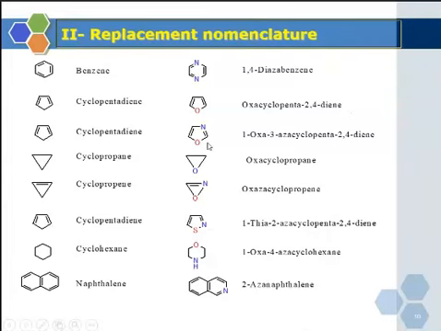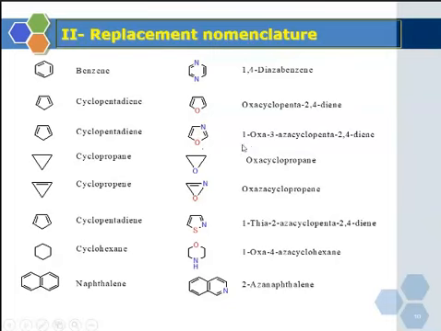The next example of this category is this heterocycle. It is also based on the basic ring called cyclopentadiene. Here we can see two heteroatoms, oxygen and nitrogen, are attached to the ring.